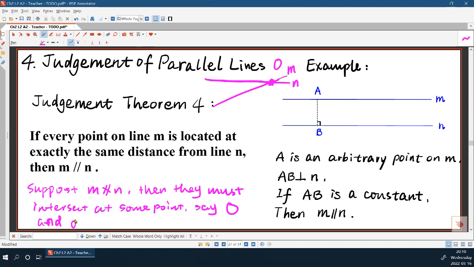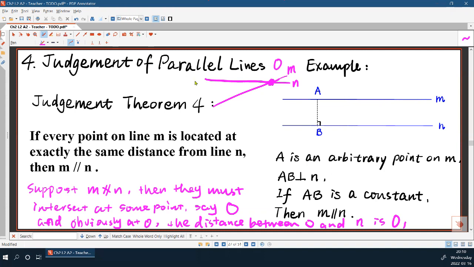Obviously, at point O, the distance between O and N is 0, right? Can you see that? If we choose a point here and find the distance between O and N, apparently this distance is 0.